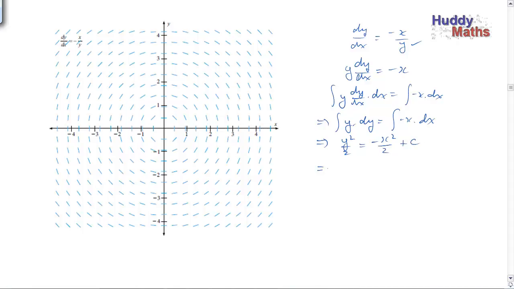Multiplying both sides by 2, y squared equals neg x squared plus 2c, or adding x squared to both sides, x squared plus y squared equals 2c, or we could just use k, with that doubling of c, where k is a constant. So yes, that's a circle, isn't it? Centre 0, 0, and radius equal to root k. And that agrees with what we have over here, doesn't it?